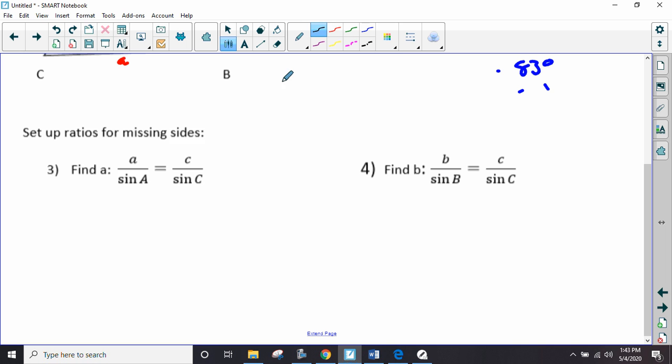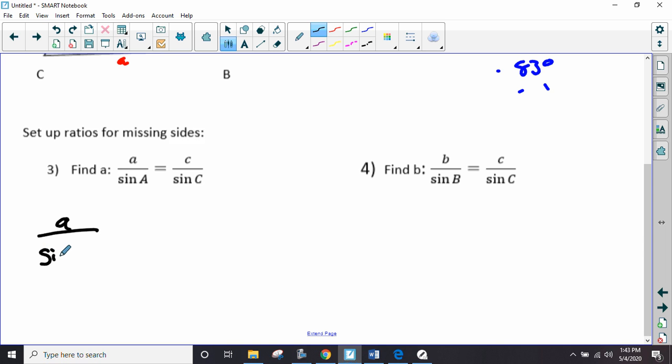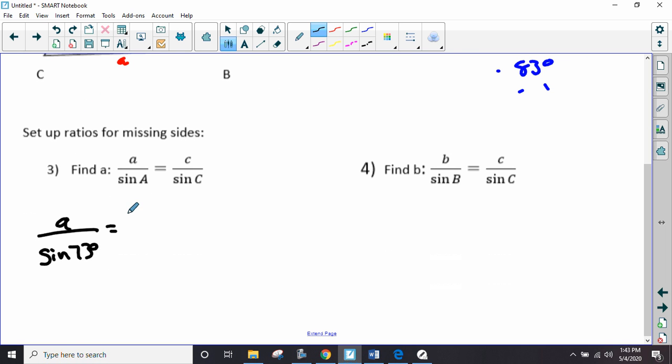Now, little a over sine of 73 equals 25 over sine of 83.